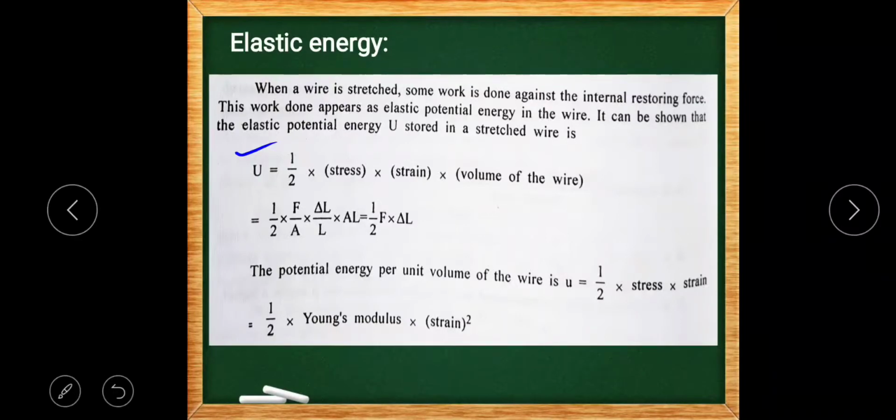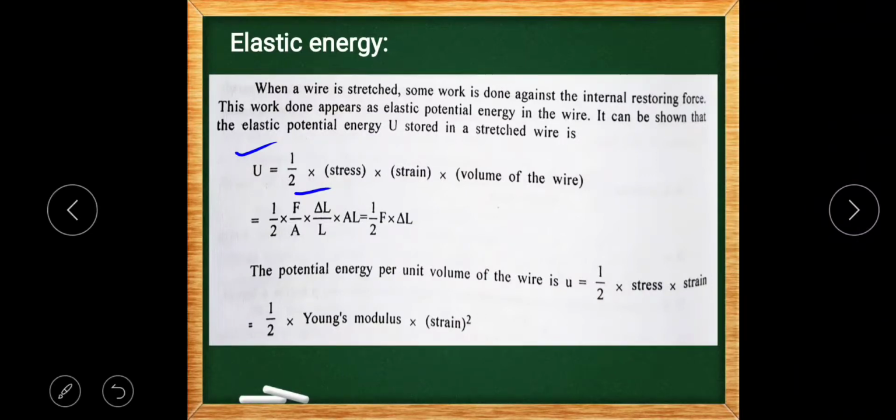Now substitute the value of stress, strain and volume of the wire. As you know, stress is equal to force by area. Here we consider a wire. In a wire, the produced strain is generally longitudinal strain.